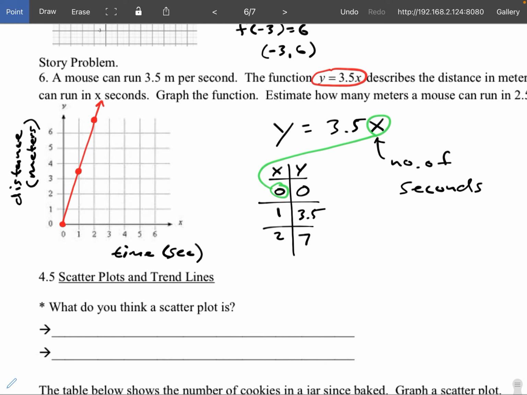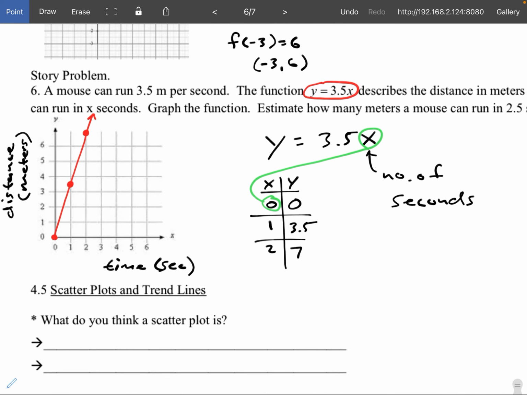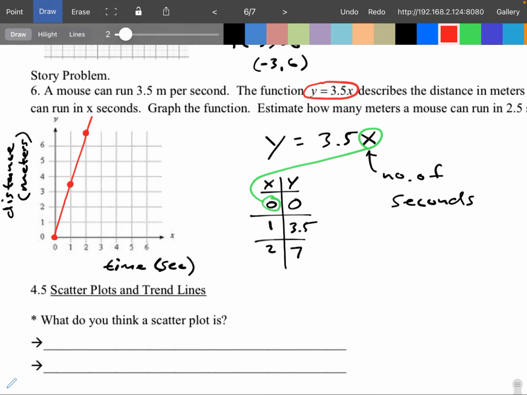All right, now we got to use the graph to predict the distance at 2.5 seconds, right? I think that's what the question was: how far can the mouse run in 2.5 seconds? That is right here. So we gotta go up and hit, well, that's gonna be kind of tough to do, isn't it? They didn't put a very nice grid on here. I think they kind of messed this up, because we gotta hit this graph at 2.5 seconds.